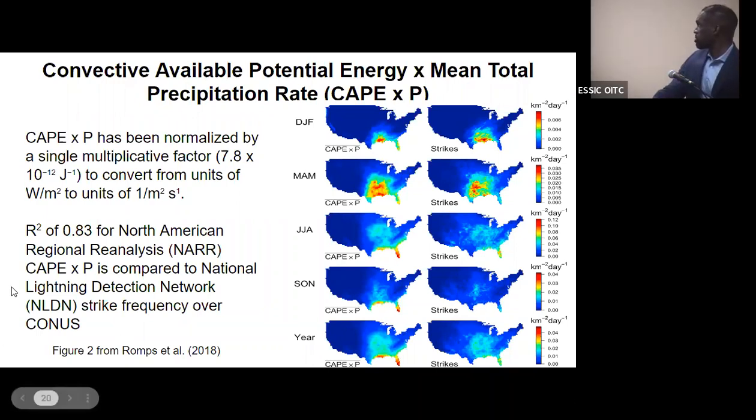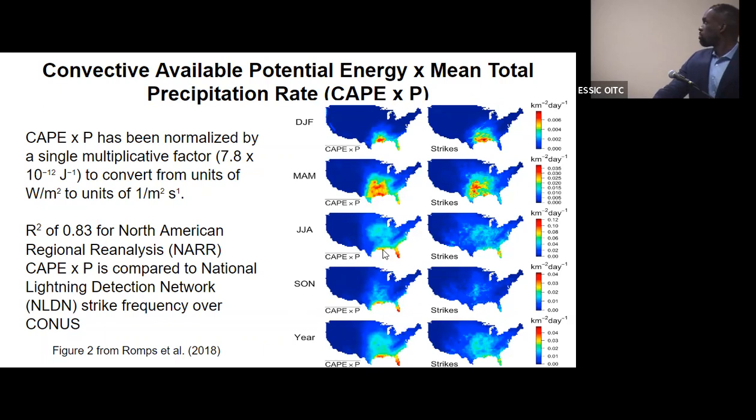So in this plot, in the left column over CONUS is the CAPE times convective precipitation from North American Regional Reanalysis, and then compared with NLDN strikes, and these units are in kilometers squared per day.